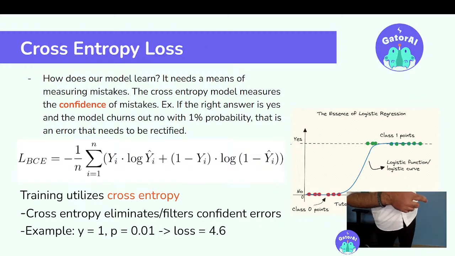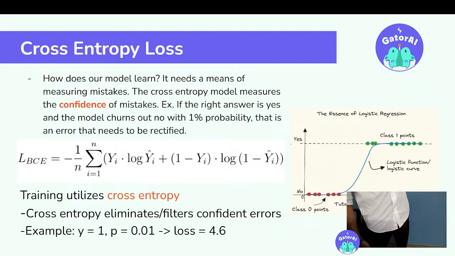The formula might look a little intimidating, but let's break it down. If your true label is 1, we look at the log of the predicted probability. If the label is 0, we look at the log of 1 minus the probability. Then we average this across all the samples, which is where you get the summation, so it works for all of your data points.